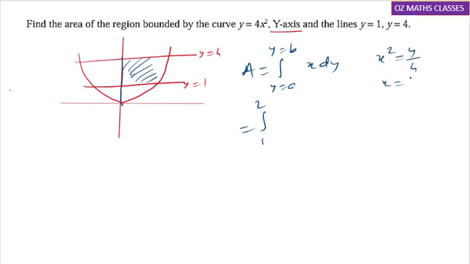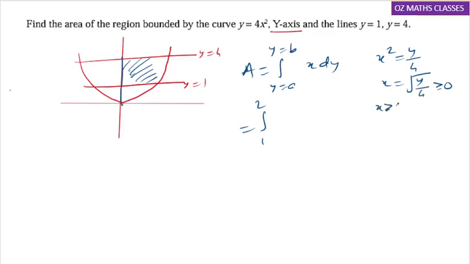So x will be root y by 2. Okay, so x will always be positive. So y must be positive. So that is why we are taking the first quadrant.